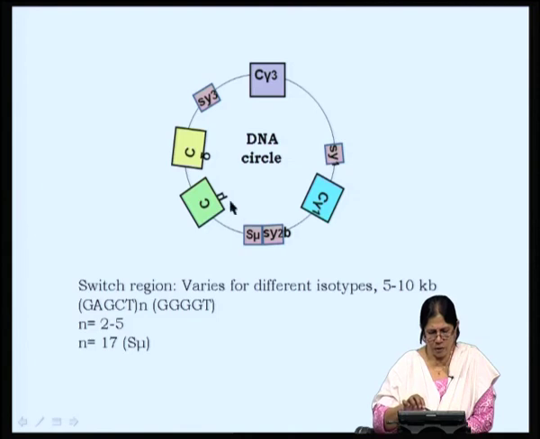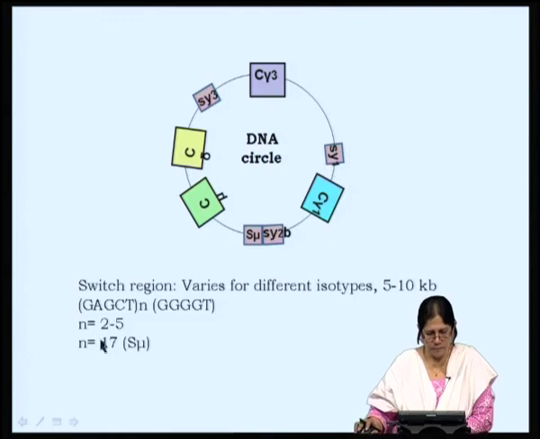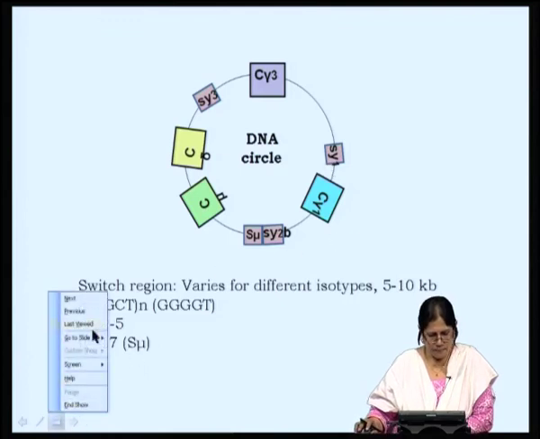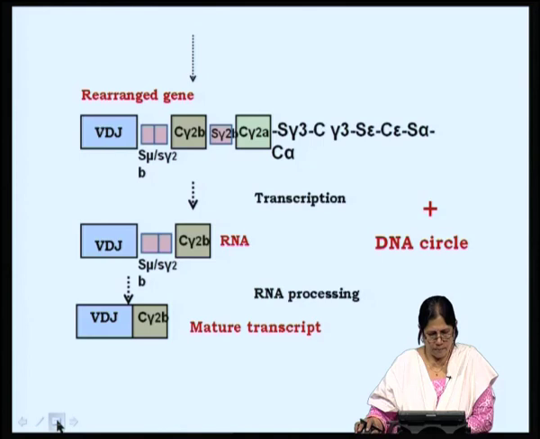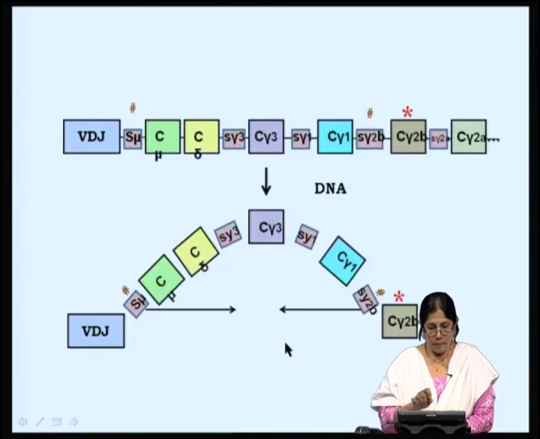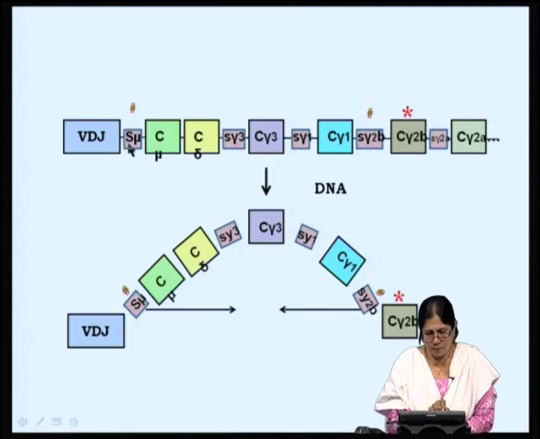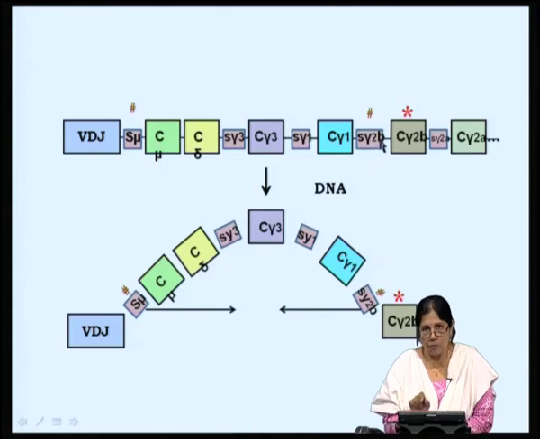Now that cell can no more make IgM, neither IgD, nor IgG3, nor IgG1, because all these are between the switch region mu and switch region gamma 2b.